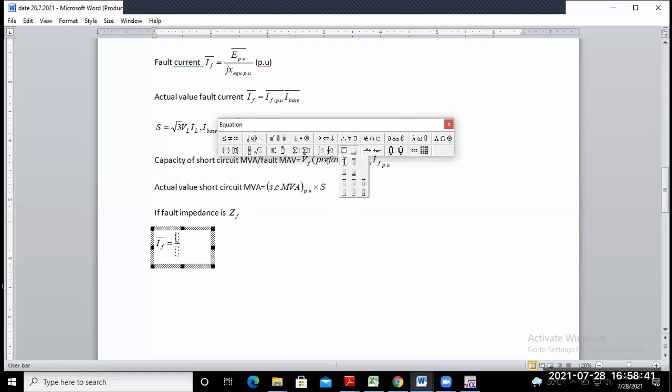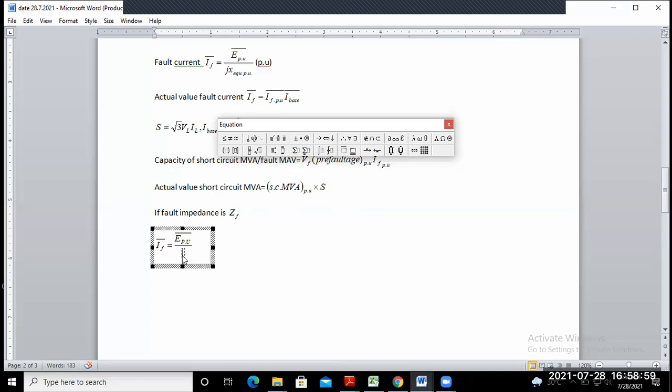So this is your E in per unit, divided by JXE plus ZF.